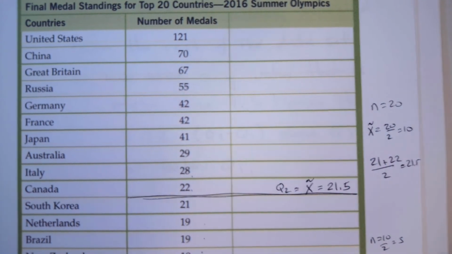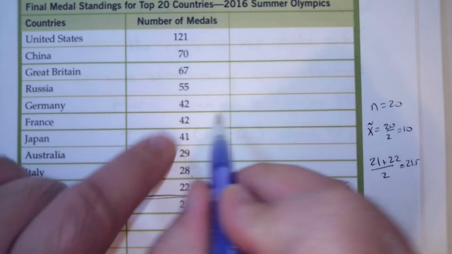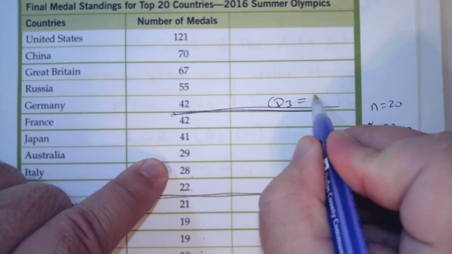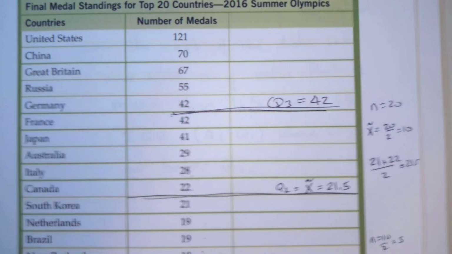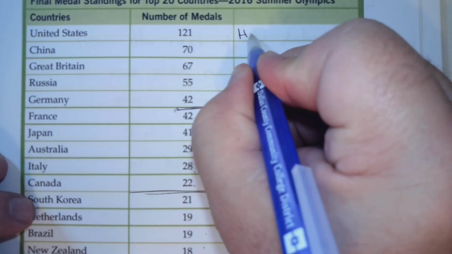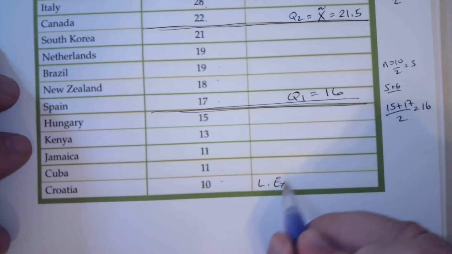Same thing here: 5th, 6th. 1, 2, 3, 4, 5 is 42 and 42. Q3 is 42, since they're both the same. So this is the high extreme. This is the low extreme.